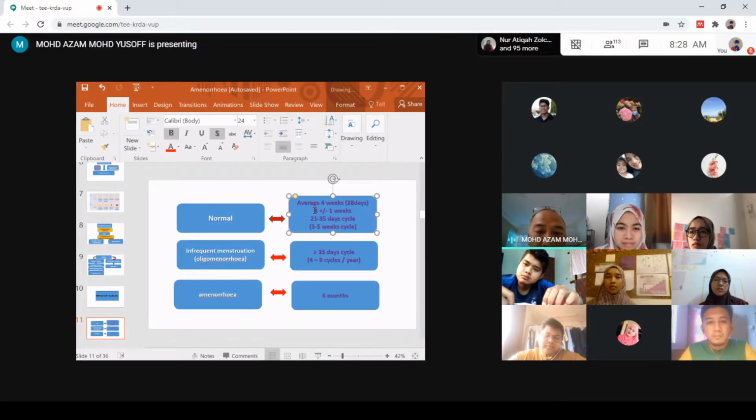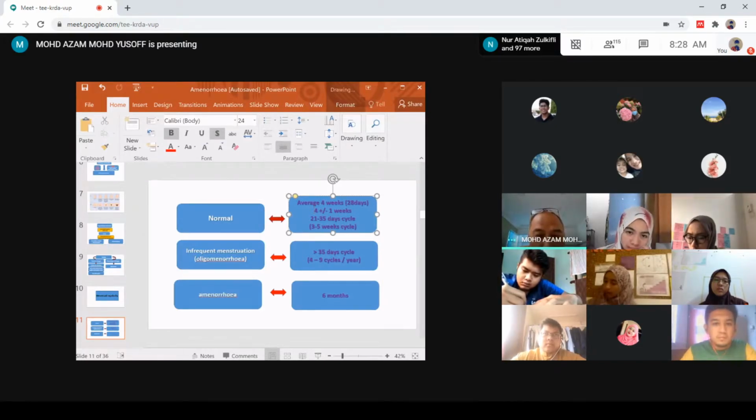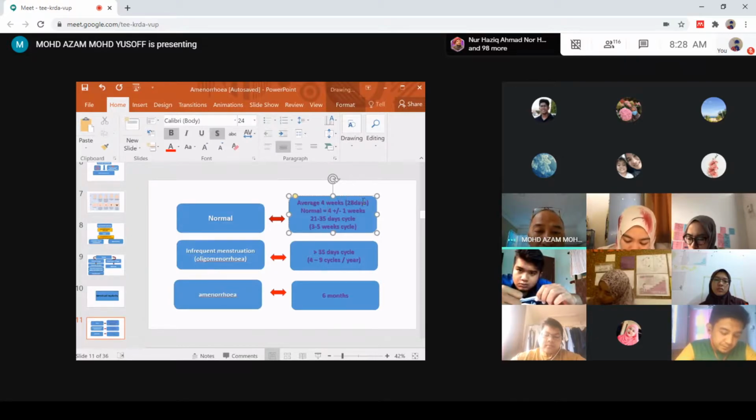So the normal menses range: the average is 4 weeks, 28 days. The normal is 4 plus minus 1 week, because 21 days is 3 weeks, 35 days is 5 weeks, isn't it?